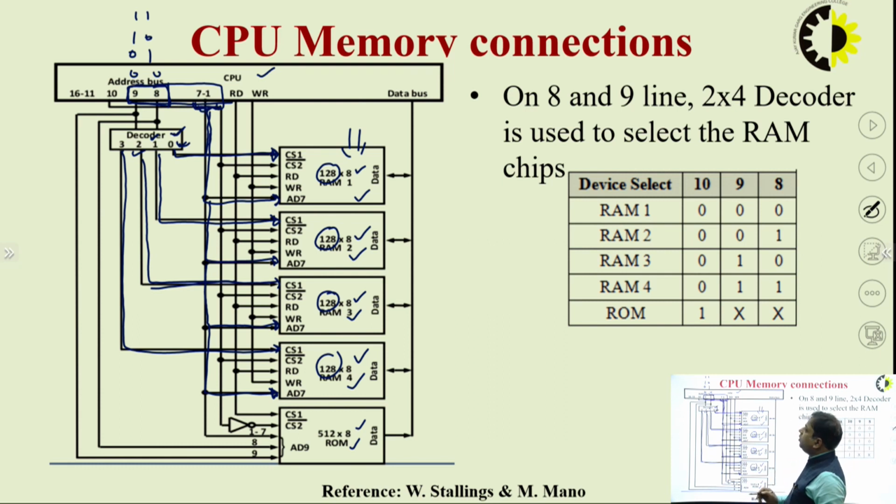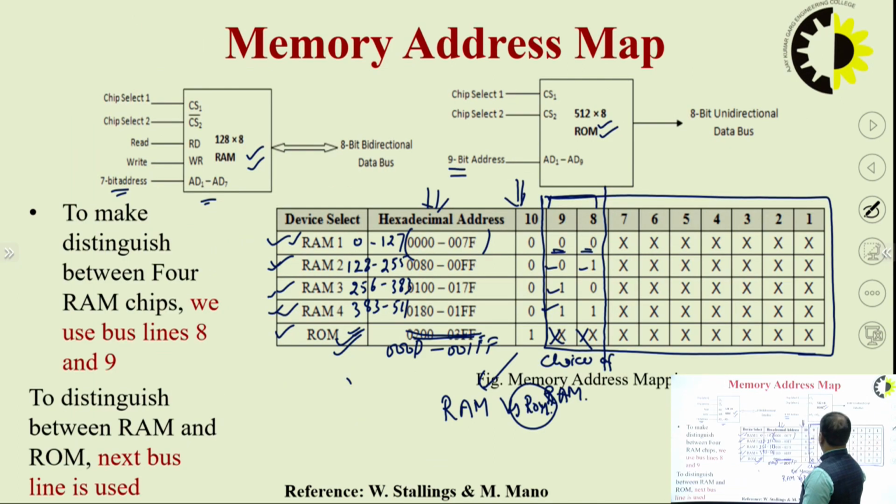Now one more bit is here, that is bit number 10. Bit number 10 is basically required to distinguish between the choice of RAM and ROM. If this bit 10 is 0, there will be a choice of RAM. If it is 1, then there will be a choice of ROM.